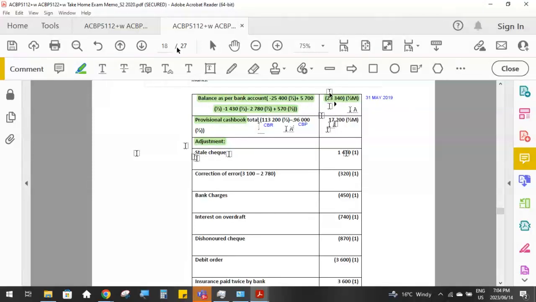I think this year for the first time in the textbook, they are using EFTs. They'll mention EFTs, which is electronic funds transfers, rather than talking about checks, which over the last couple of years have become redundant.